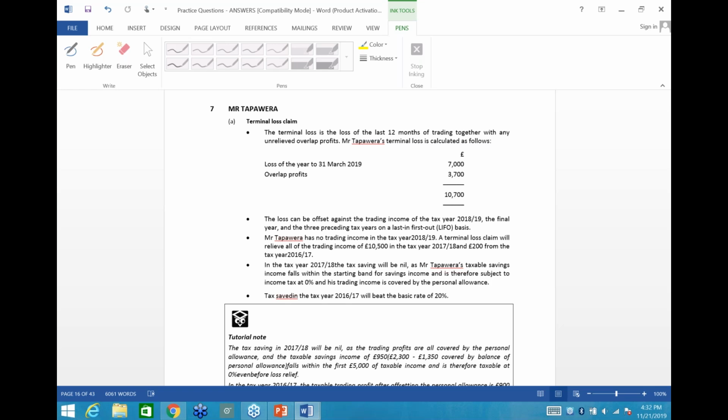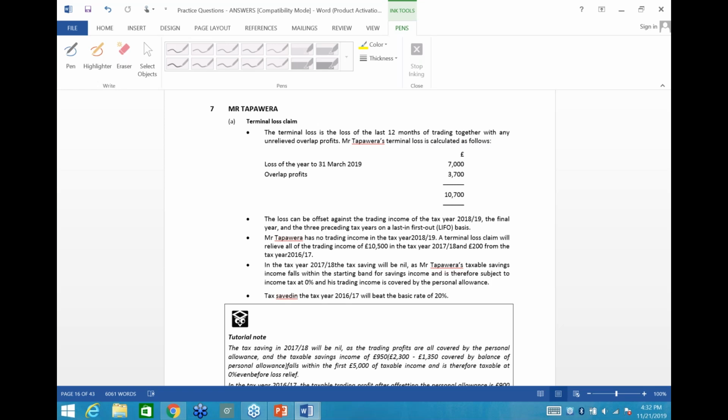However, the very important thing here that we need to do is find out the loss for the last 12 months of trading. Here, if you look at the accounting periods and the tax years, basically they are the same: 1st of April to 31st March, and 6th of April to 5th of April.